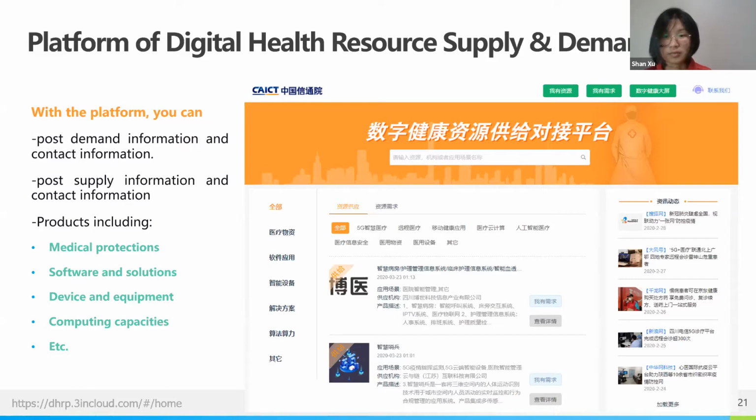This platform is also approved by the Joint Prevention and Control Mechanism of the State Council.